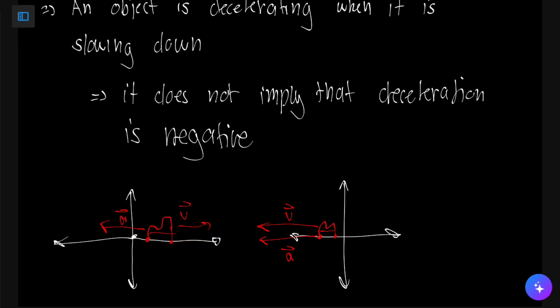So both of your vectors are negative. So your deceleration here is equal to positive rather, and for this one, your deceleration is equal to negative. Okay? So I hope that is clear.